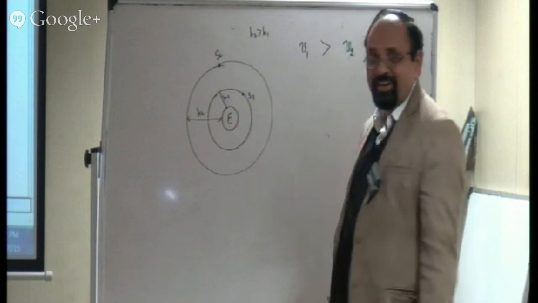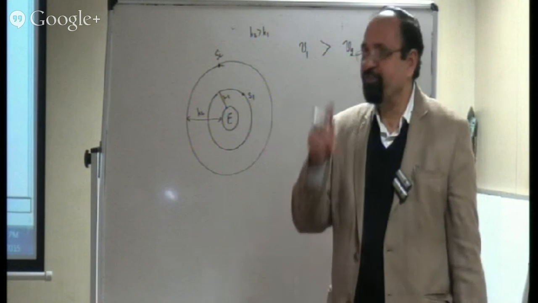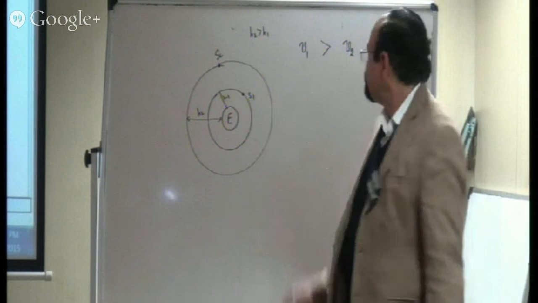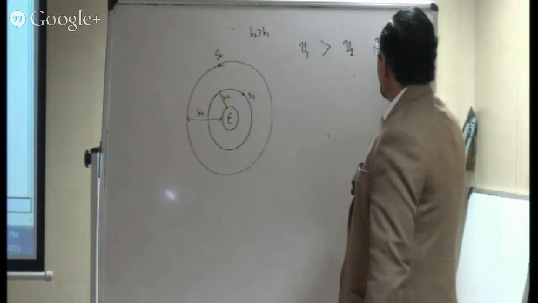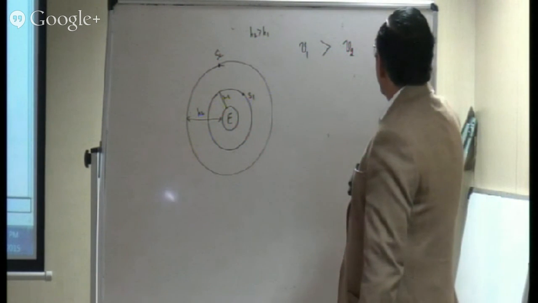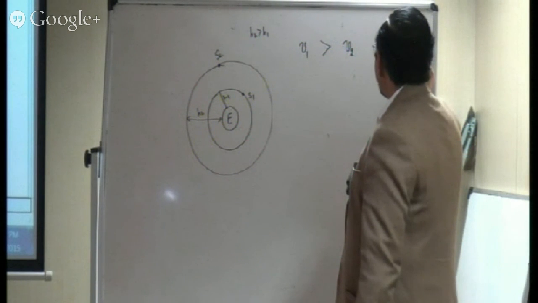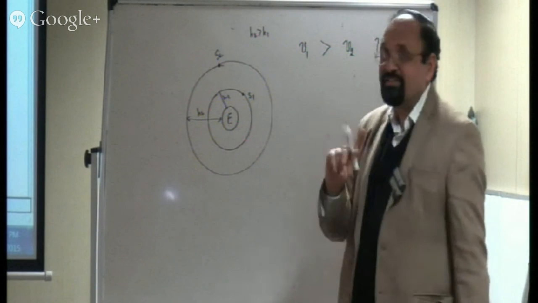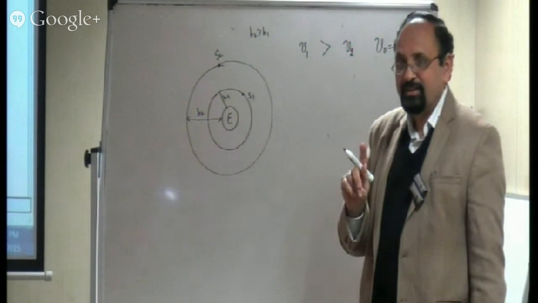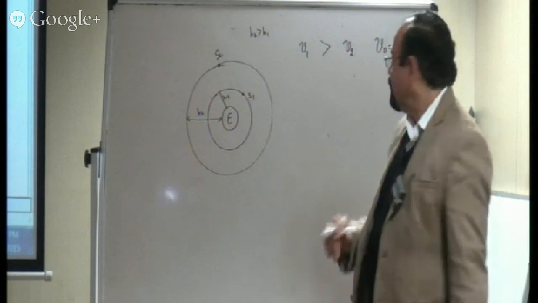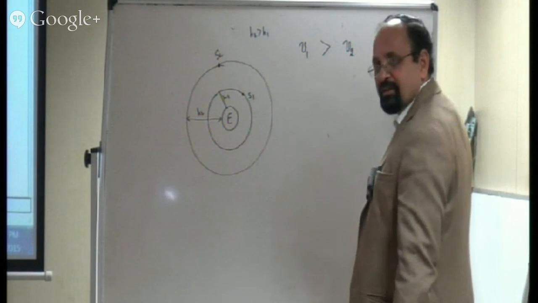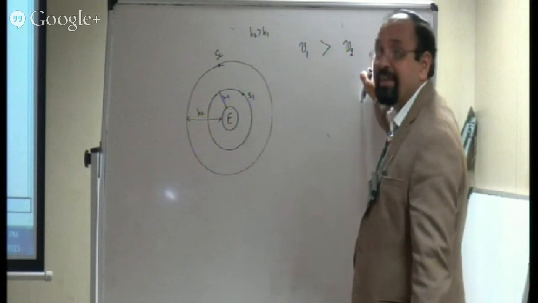V1 is more than that of V2. Check where the R plus H comes. Orbital velocity is under root of GM by R plus H. It is not negative. It is positive. So if H is increased, orbital velocity will decrease.